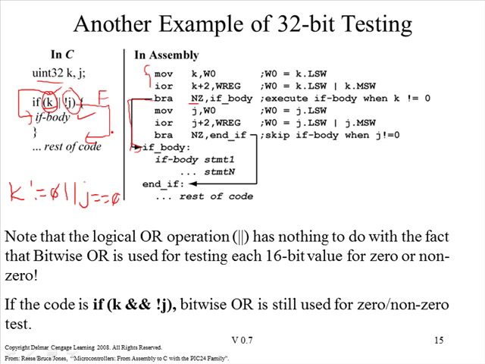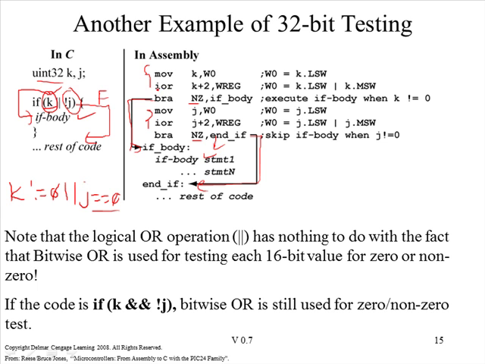That would mean the test was false, and then we would skip the if body. So here we're using the inclusive OR approach for testing j just like we did here. And on not 0, which is the false conditional test, we're going to skip around the end if. If we do not take this branch, it means that j was indeed equal to 0, and so we would need to execute the if body.